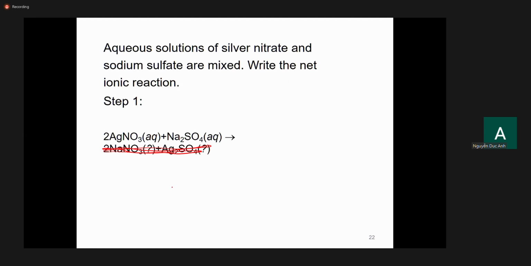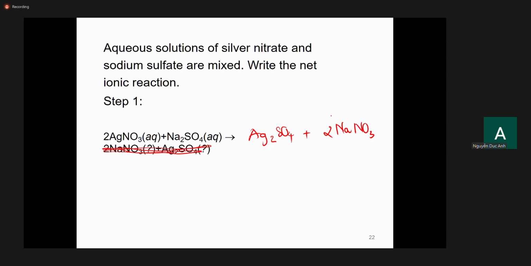This step can be generated by the molecular equation, in which you exchange the cations or anions. You will get the compounds silver sulfate, Ag2SO4, and sodium nitrate, with a number 2 here. So you get a balanced equation.